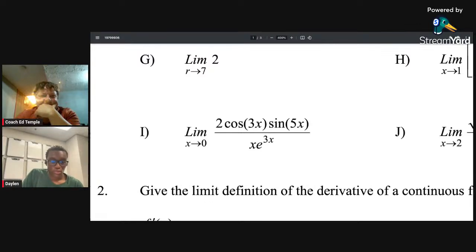What I was looking for is a trick. Got to get something to cancel. I'm seeing double angle, so I'm just looking for trig identity cheat sheets.